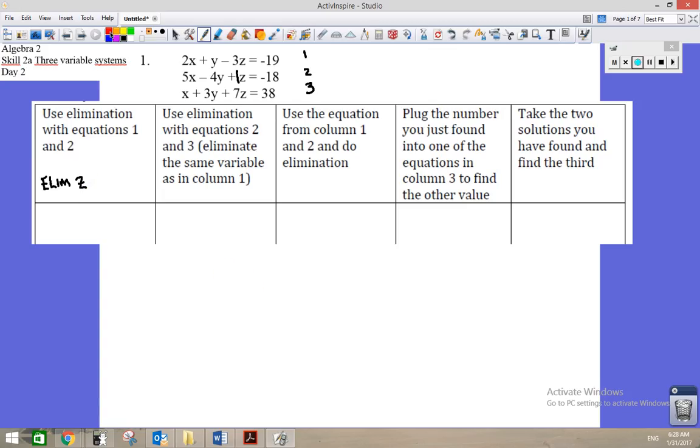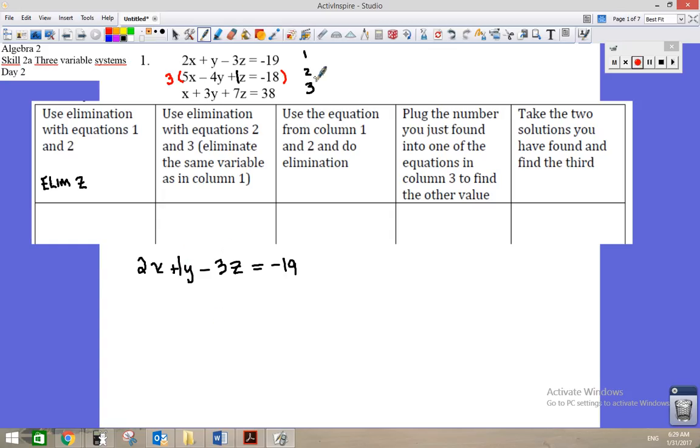So I need in equation 2 for the coefficient in front of z to be a positive 3. Let's write down equation 1 exactly as it is: 2x plus y minus 3z. I'm going to put a 1 in front of that y just to help me.